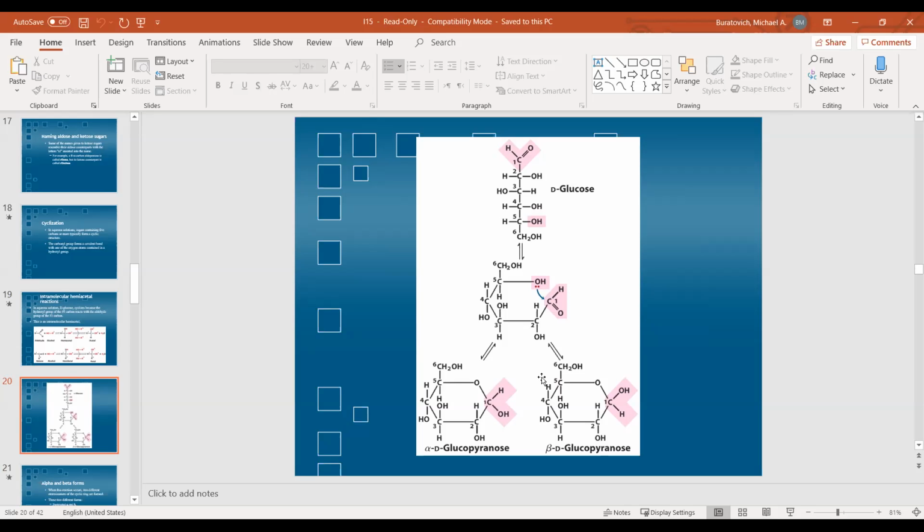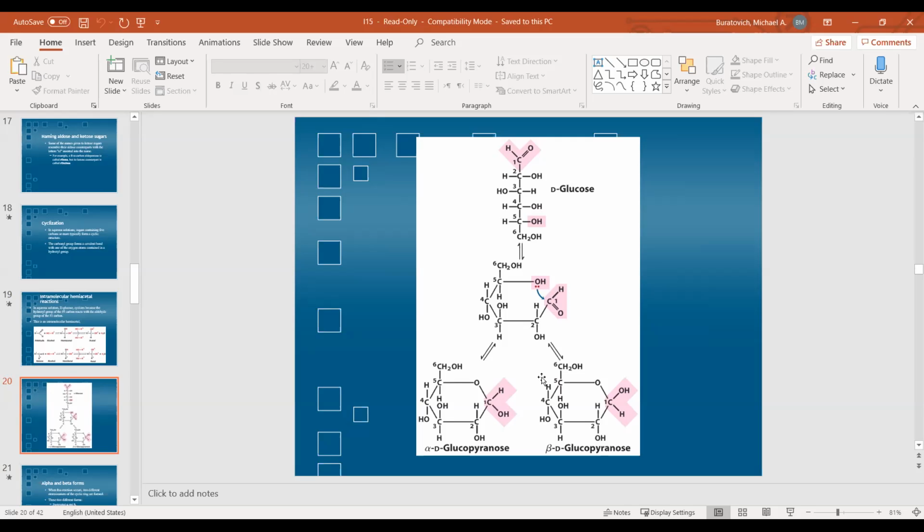So the reaction will generate this ring structure. This is called a pyranose ring, and it goes carbon 1, 2, 3, 4, 5, 6.